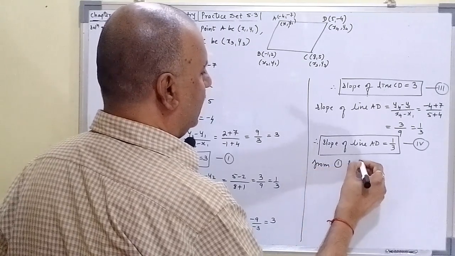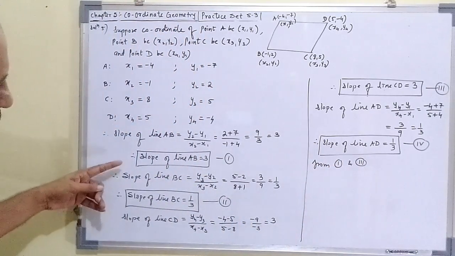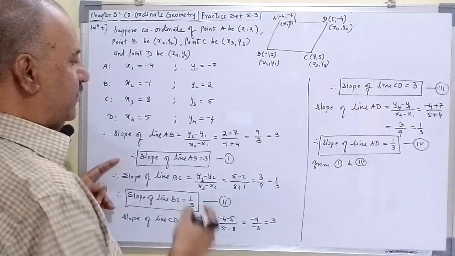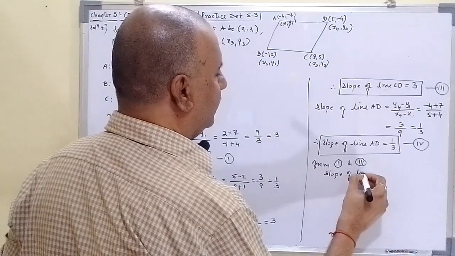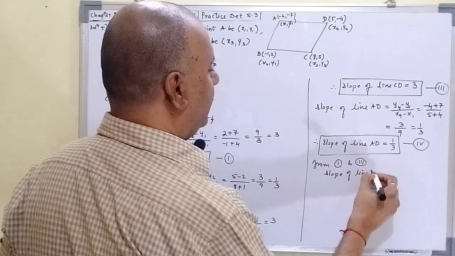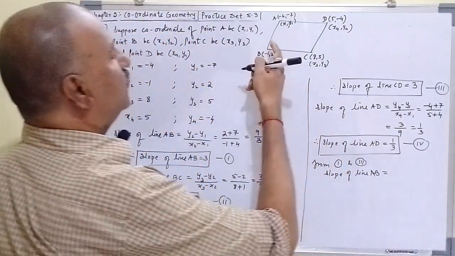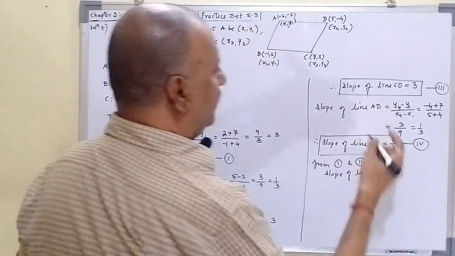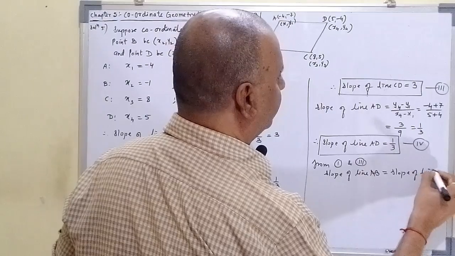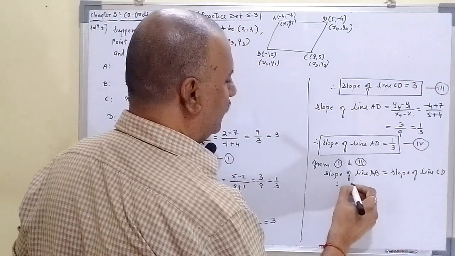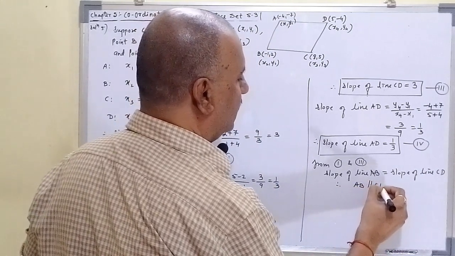From 1 and 3, slope of line AB equal to slope of line AB equal to slope of line CD. Therefore, AB parallel CD.